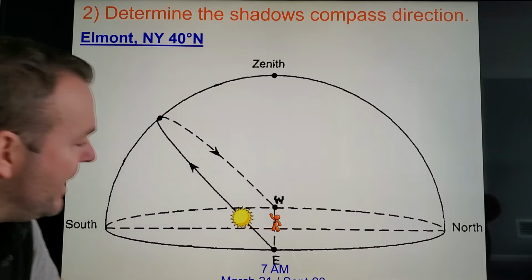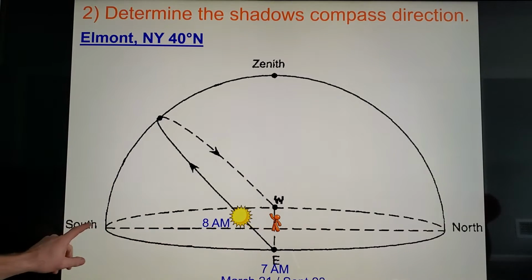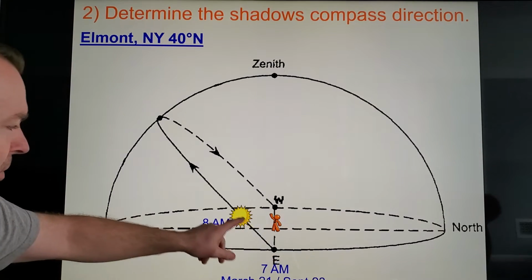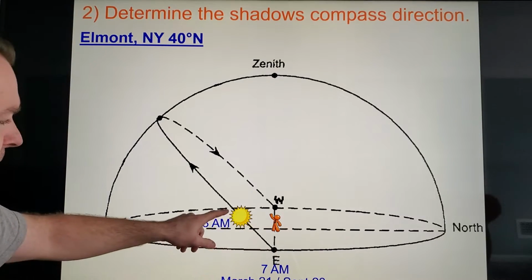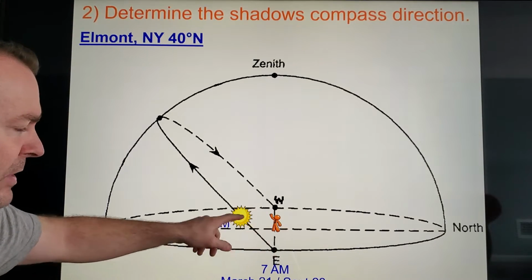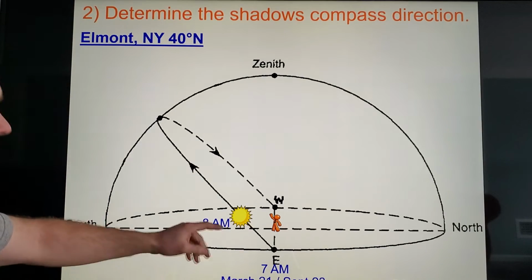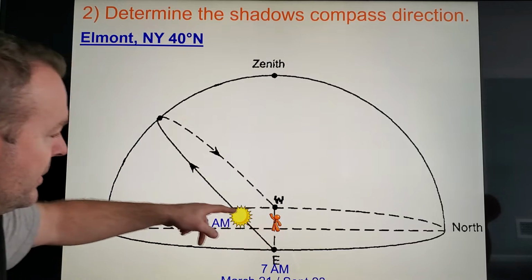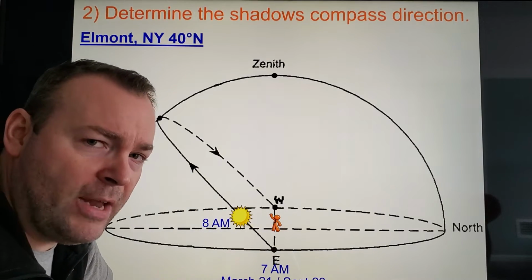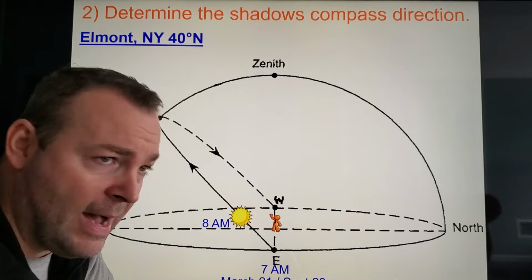All right. As the sun rises, however, you'll notice it changes position. Now it's no longer directly east. Now it's south of east. This is about an hour later, about 15 degrees worth of arc. And if the sun is now coming from the southeast and hits the person, then what way will the shadow go? Well, it's going to be opposite, right?